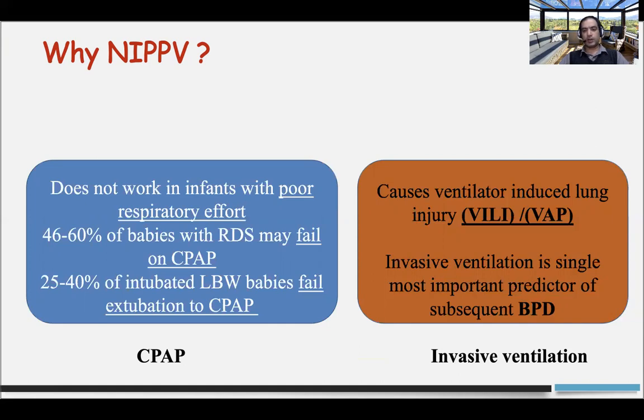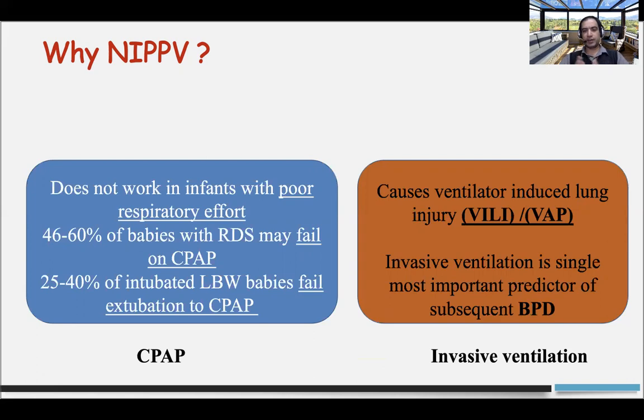Also, ventilation has been shown to be associated with an increased chance of systemic as well as lung infection, commonly known as VAP or ventilation associated pneumonia. And we also note that even after extubation, the babies may have various morbidities related to ventilation, such as subglottic stenosis. And invasive ventilation in itself is one of the important predictors of BPD.